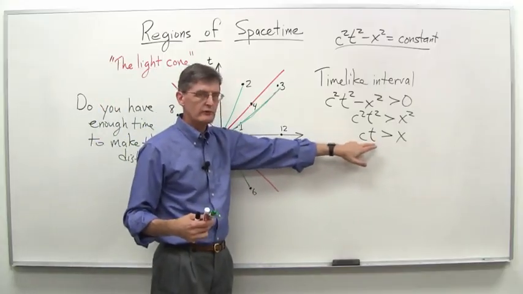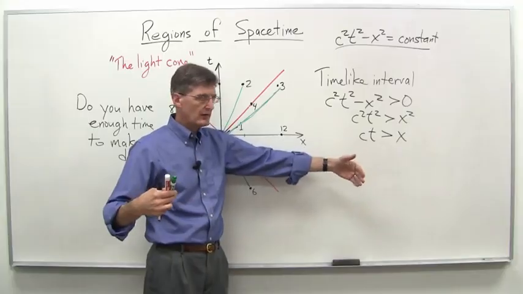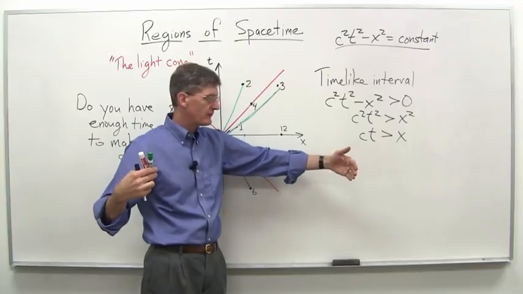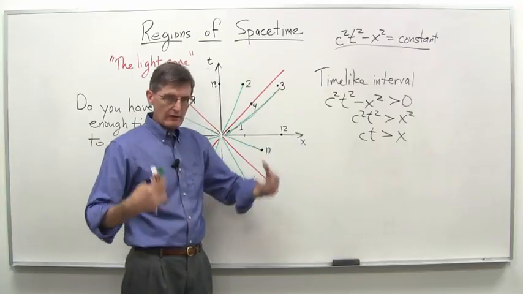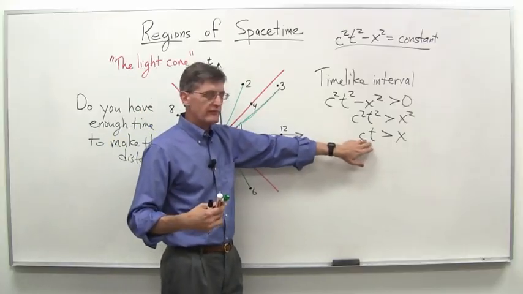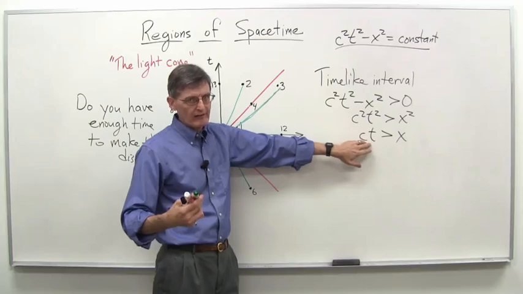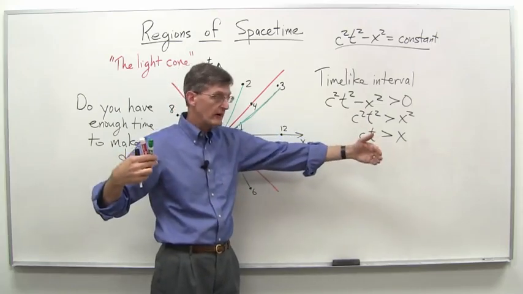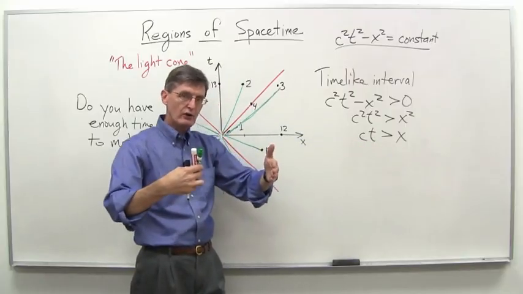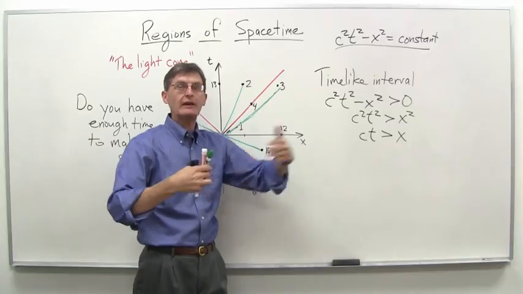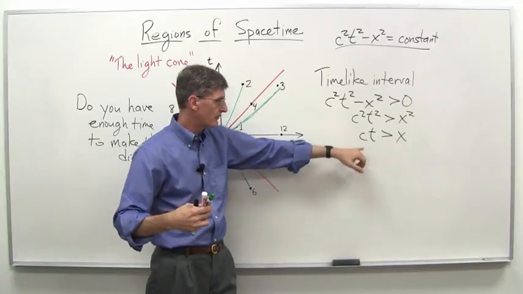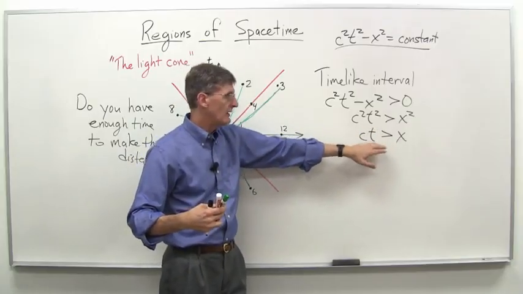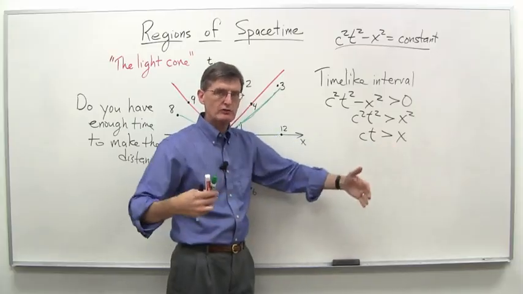You just do c times t. That will tell me how far light travels. And if that's the ultimate speed limit, if that's the fastest I can get someplace, I know if I have a certain amount of time to get someplace, ct is the fastest I can go. Of course, I can't quite go at ct, but I can get pretty close to it. If that distance the light can travel is greater than the distance I need to go, then yes, I can get there, or at least a light beam can get there in that time. So this is essentially saying the distance light can travel in that certain amount of time I have is greater than the distance, and yes, it's reachable then.